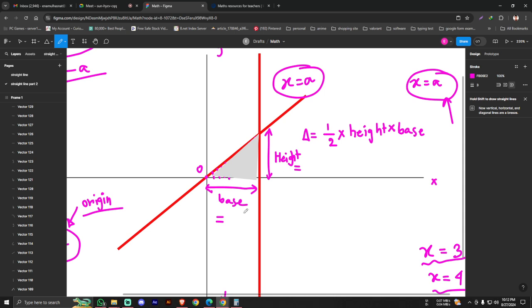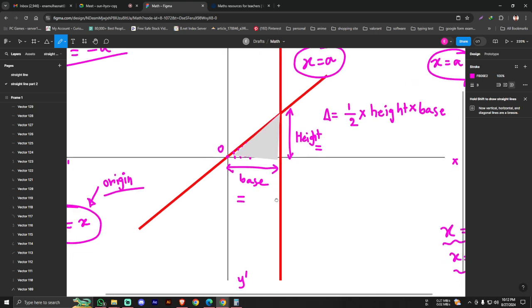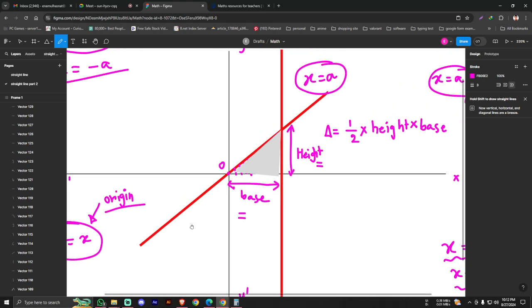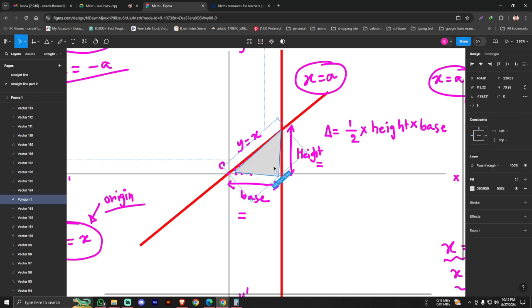What should be the value of base and the value of height according to the graph? It doesn't really show any numbers. It should be something according to the equations: this line here is y equals x, and this line here is x equal to a, right? Yes.